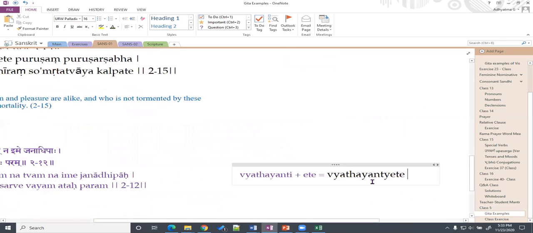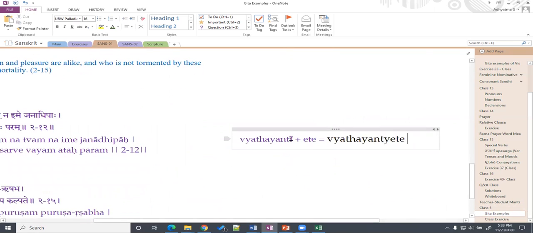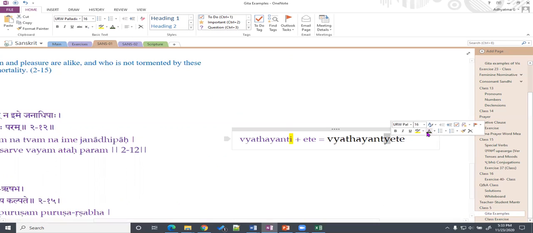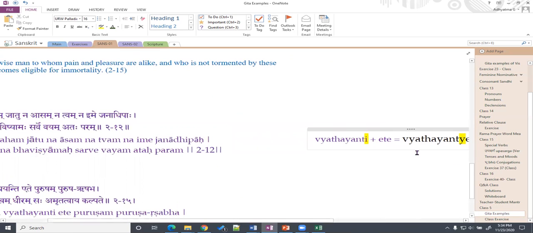So here Ikara becomes Yakara and the Ekara remains the same. So Vyathayanti plus ete, but it will be written as one word: Vyathayantyete.